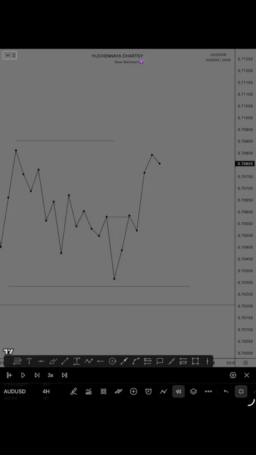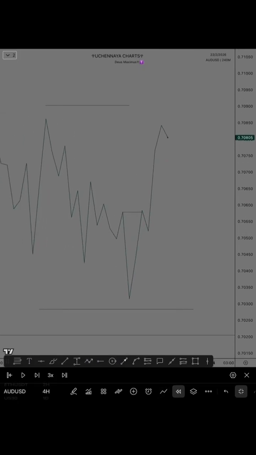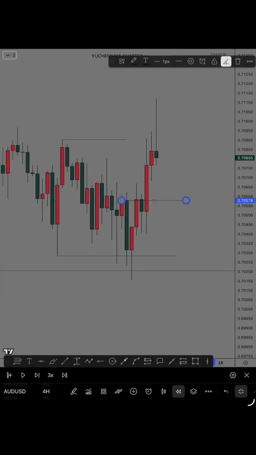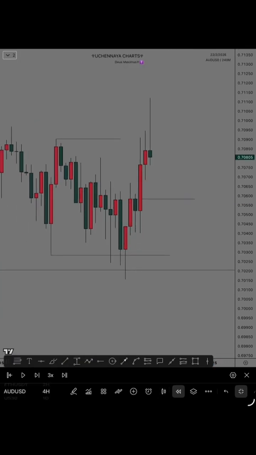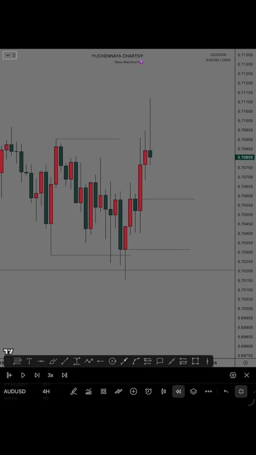When you go to your line chart, this is what it actually looks like. This was the breakout, and after that we had these very levels here, with this level and this level. But remember, I'm only going to be focusing on the level that has an inducement to it.